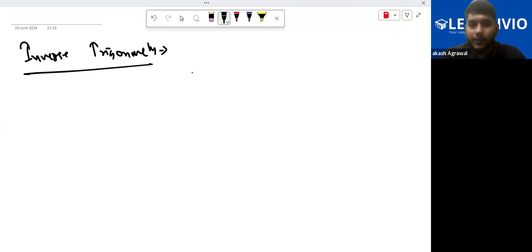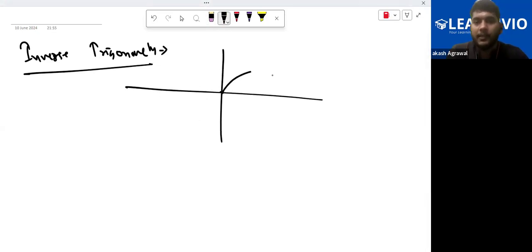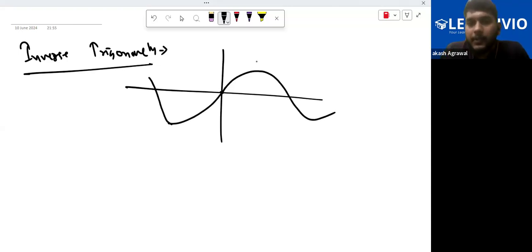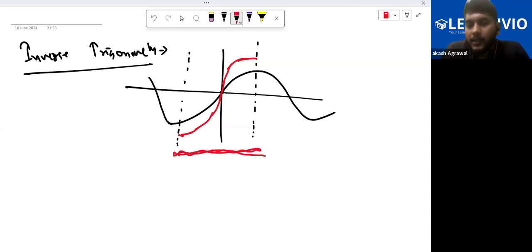See, what we do is, if we have the sin x graph as this, we say let's restrict this graph to a fixed domain. So they draw this graph from here to here only, and we do all the calculations within this graph only. They restrict the domain.